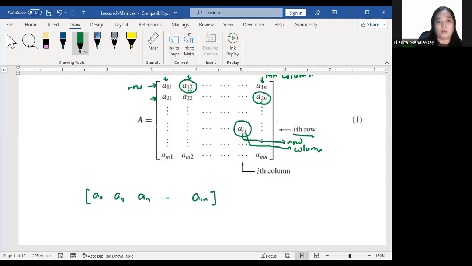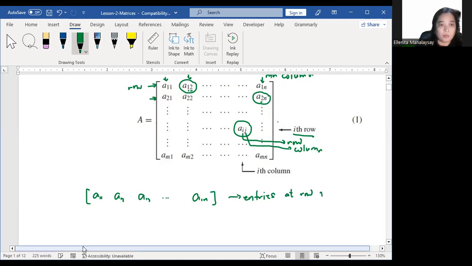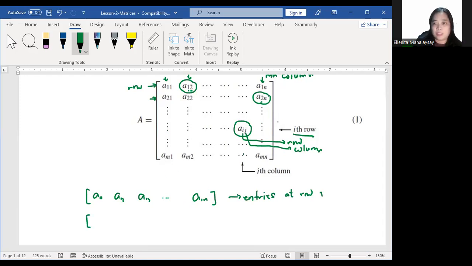Now, for the ith row, let me label the entries. At any row, how do we describe the entries? Let's represent the row number as I. So we have AI1 to be the first entry on the ith row.